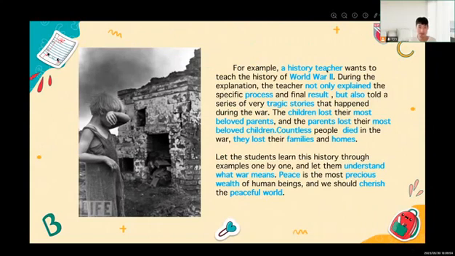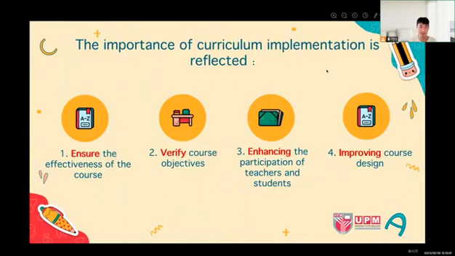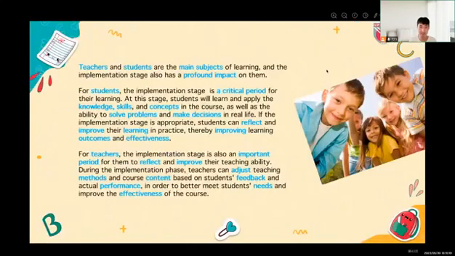If you are interested in the example, you can read it again later. So the importance of curriculum implementation is reflected in 4 aspects. Number 1, ensure the effectiveness of the course. Number 2, verify course objectives. Number 3, enhancing the participation of teachers and students. And number 4, improving course design.